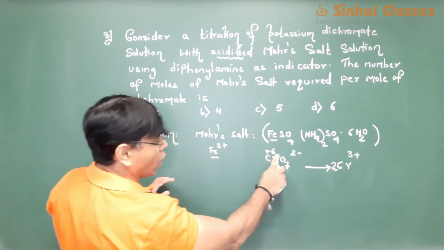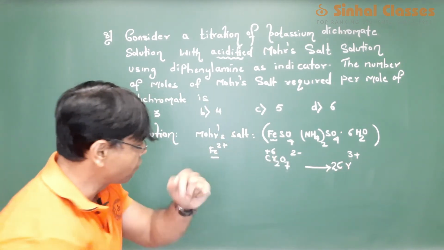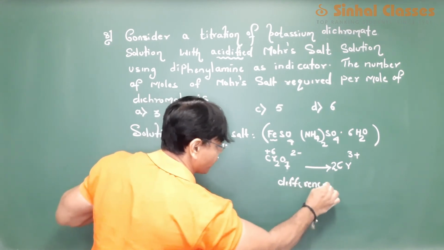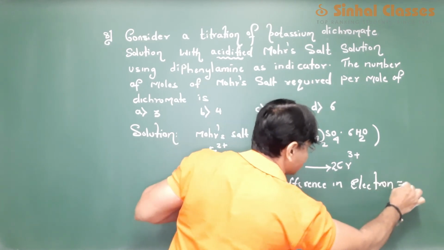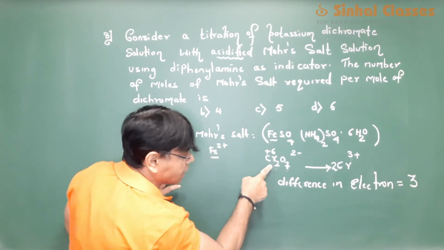So tell me, what will be the difference in electrons? 6 minus 3. The difference in electrons is 3.